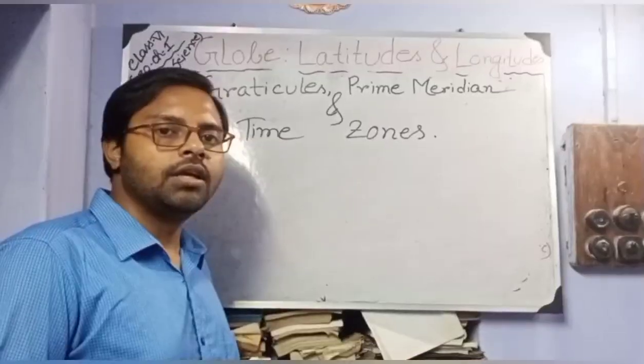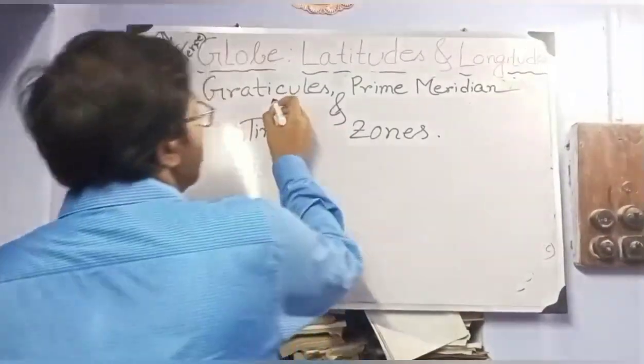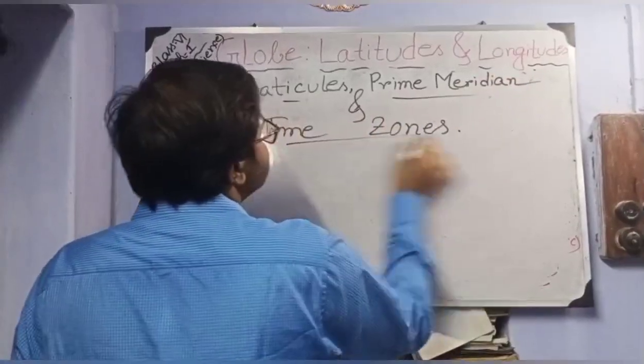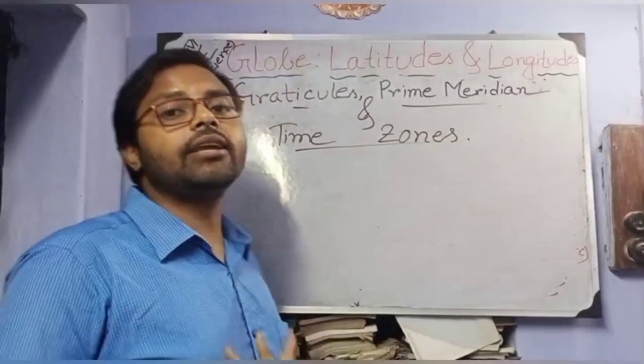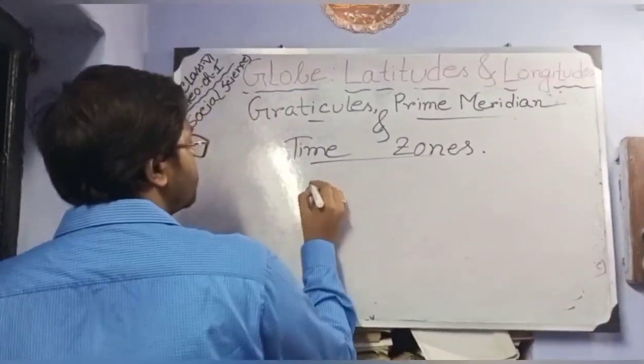Okay, now we will understand what graticules, prime meridians and time zones are. Graticules: what is a graticule?